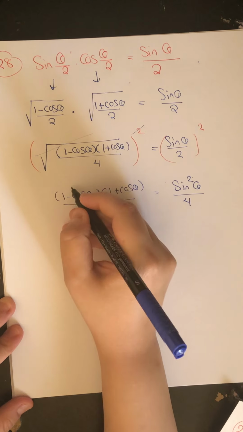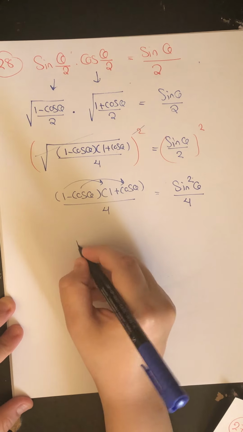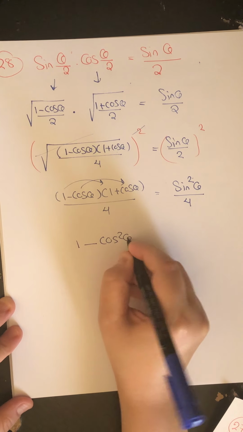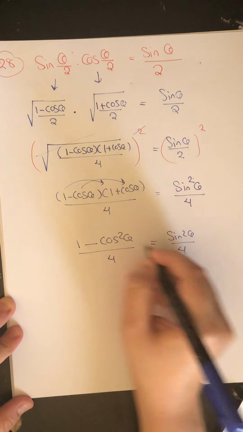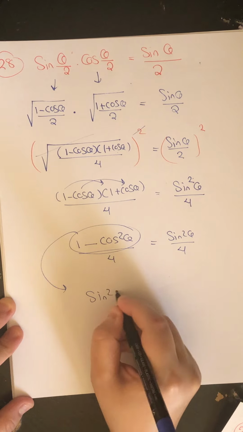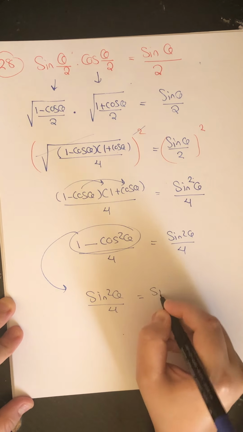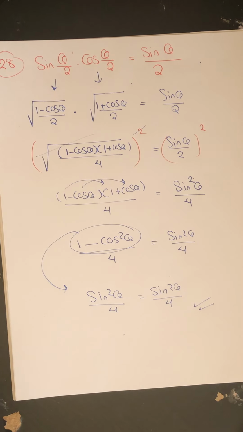If I multiply these, I would do first with first, last with last, because it's a difference of squares. So 1 minus cosine squared theta over 4 equals sine squared theta over 4. And what is 1 minus cosine squared theta? Pythagorean identity. Here I worked on both the left side and right side, and I proved it, right?